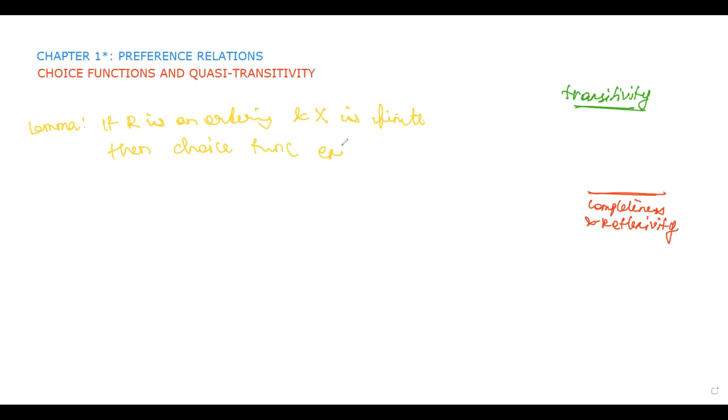And intuitively, this should be very clear. R is an ordering, so it satisfies transitivity, completeness, reflexivity. It is a basic ordering, right? And then the set is finite. So there's got to be some best element of every subset. So think of a classroom, right? A classroom has finite students, let's say 1, 2, 3, 4, 5, 6, 7.